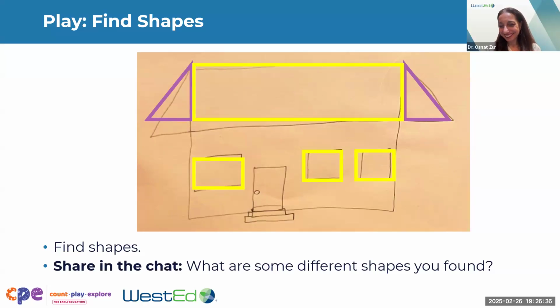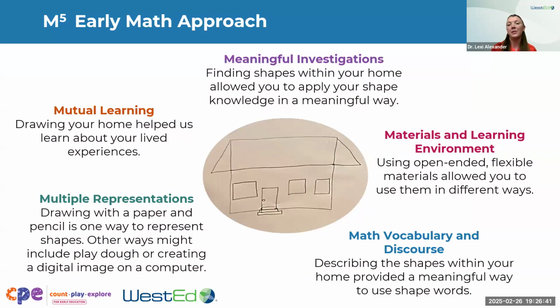Let's take a moment to think about now how we can see the M to the 5th practices through a simple and playful experience like drawing our homes and searching for shapes within them. So we can start with mutual learning, and we can think how, as Osna had said, mutual learning is about learning and being responsive to individual children, right?